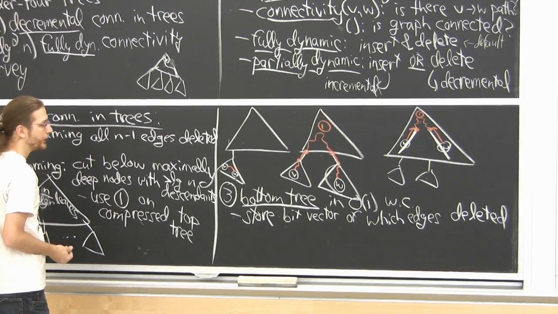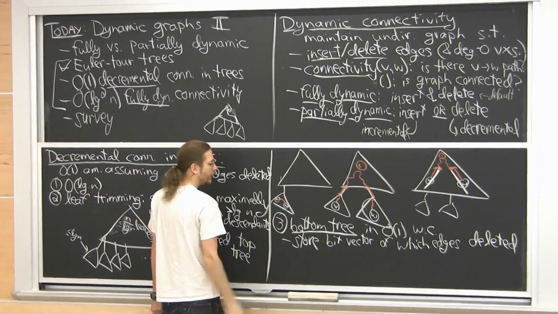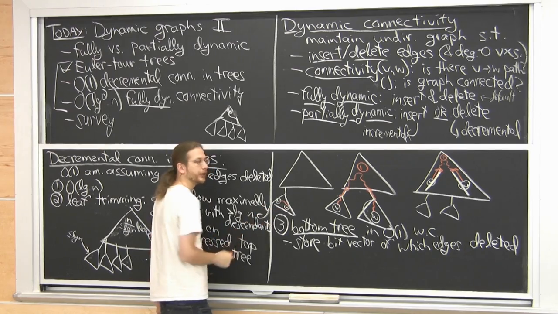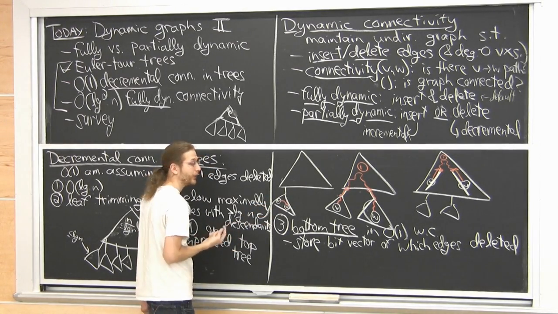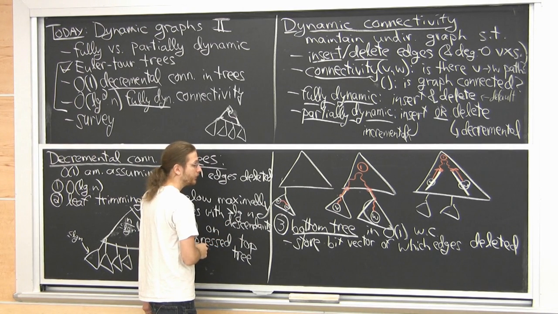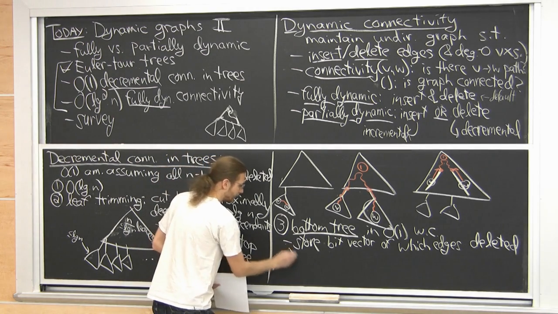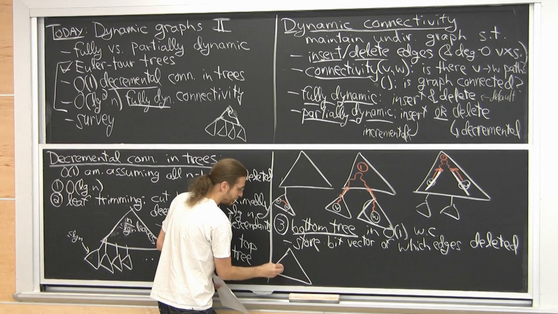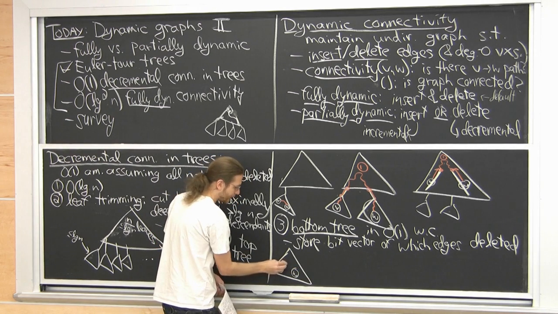How do I do a query? I want to know, given 2 nodes V and W, one of them could be the root of the tree. I want to know, can I get from V to W? Or there's only a single path that might exist, and so it's a matter of, has any edge along this path been deleted? So a general way to write that is I have V, I have W. I look at V's path to the root.